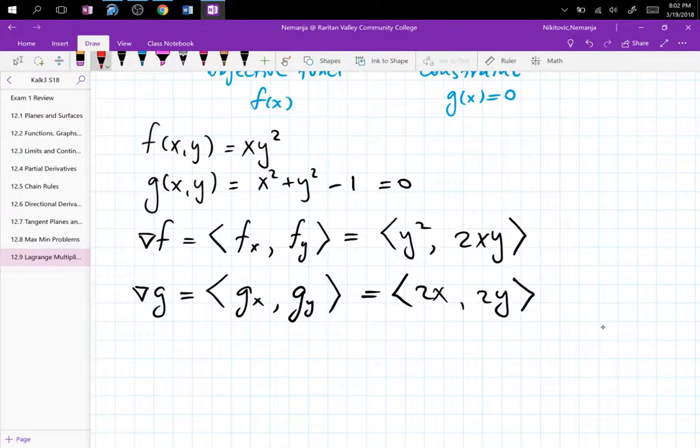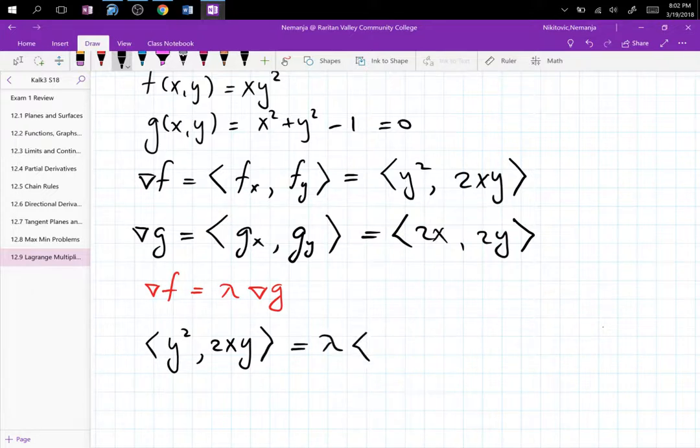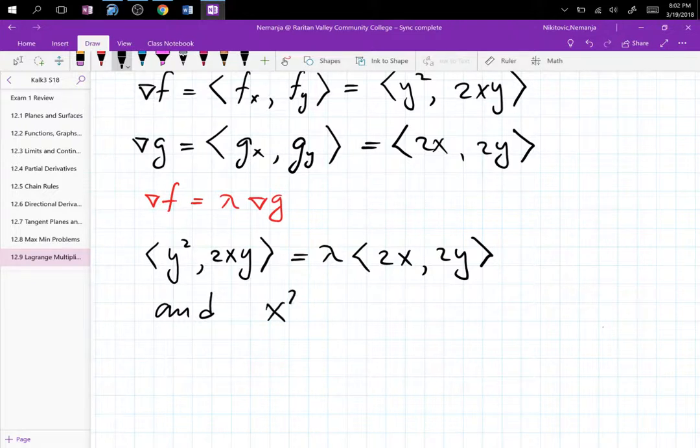Now, del f equals lambda del g. Put this together, and this is where you will get those critical points. So I have a vector which says y squared, 2xy is the same as lambda times the vector 2x, 2y. And the constraint function x squared plus y squared equals 1, or whatever way you want to write it.